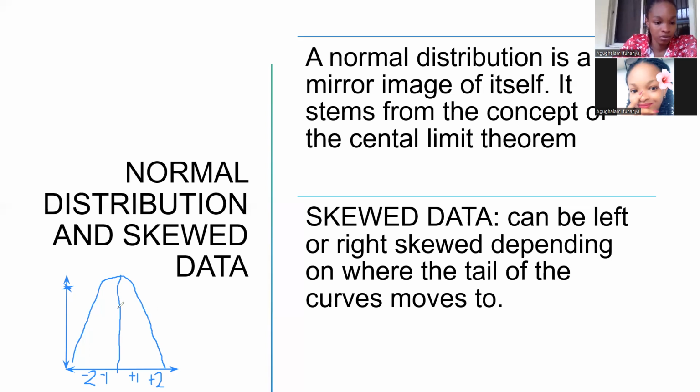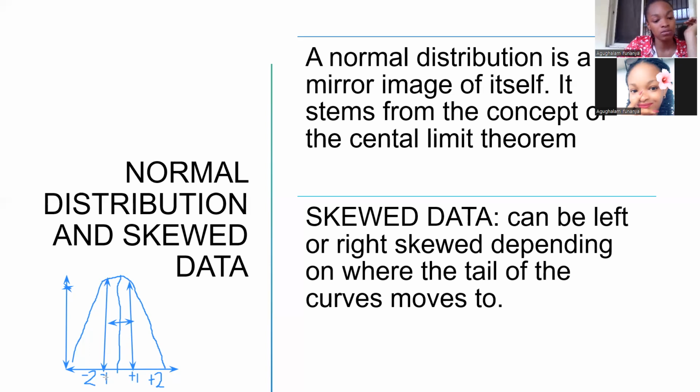Okay, so now from minus 1 to plus 1, 68% of the observations are found 1 standard deviation away from the mean.